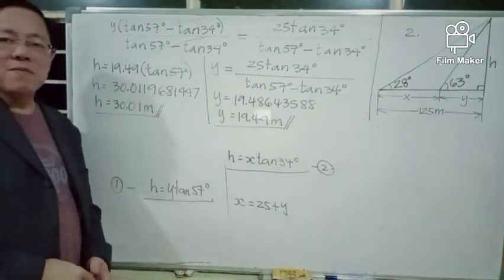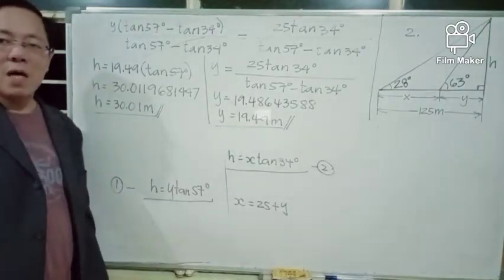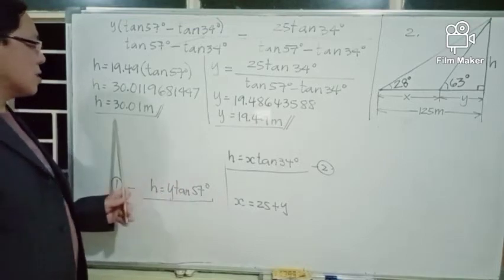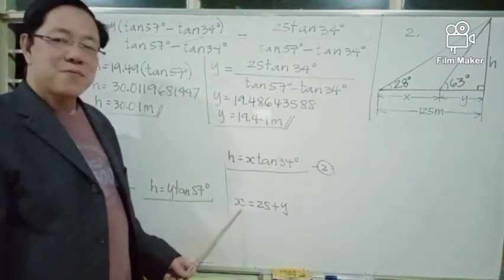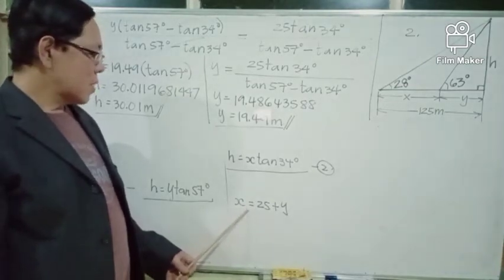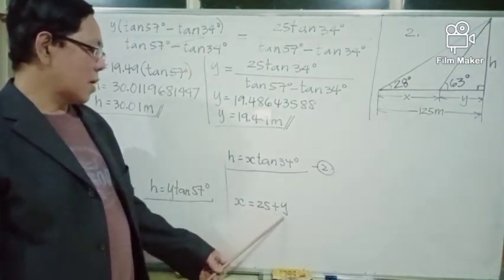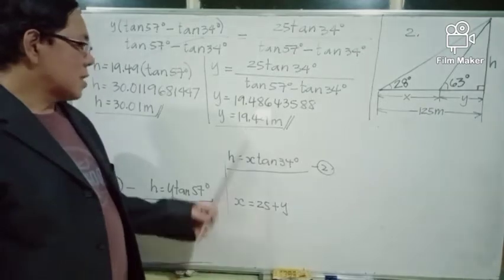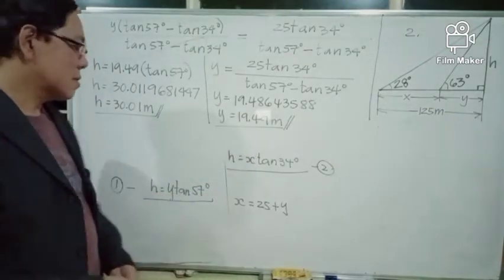We now have values for two of the three unknown variables, y and h. The last variable to find is x, and we find x from this equation, x equals 25 plus y, where y is 19.49.